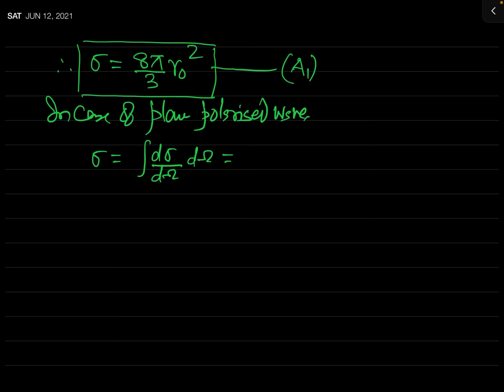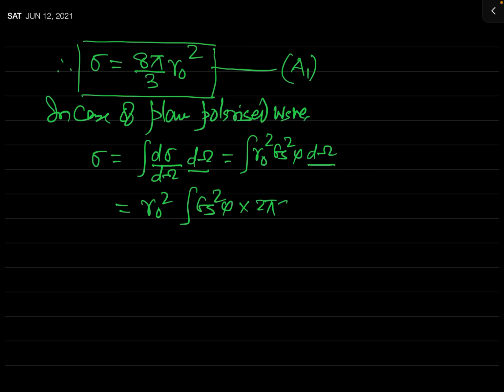But you know, in this case dσ/dΩ is equal to simply r₀² cos² φ, and let us write dΩ first. So now this will be r₀² times the integral of cos² φ dΩ, and you know dΩ is 2π sin φ dφ.